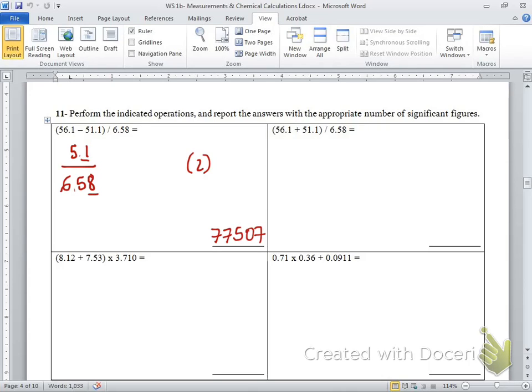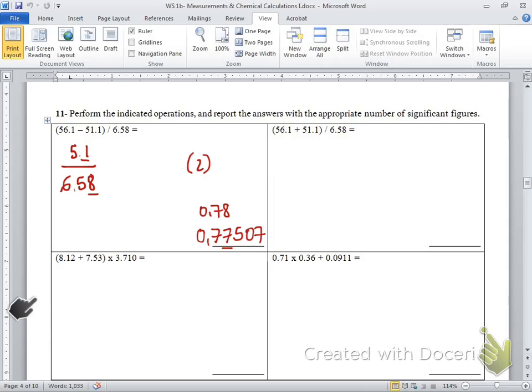And where's the decimal? It's in front of the first one. Oh, 0 point. Okay. So I'm going to round this to 2 sig figs, so this becomes 0.78.